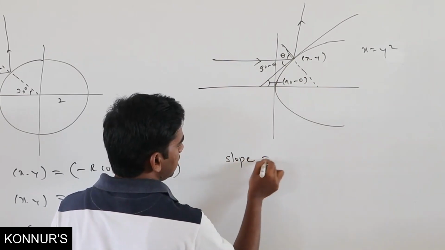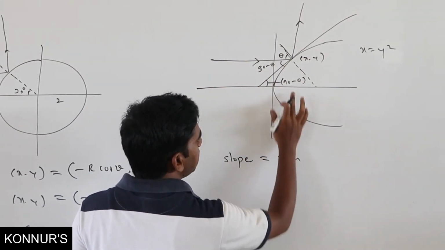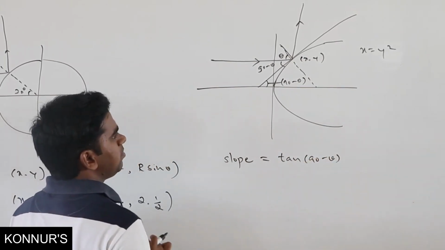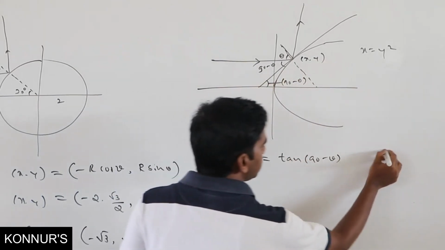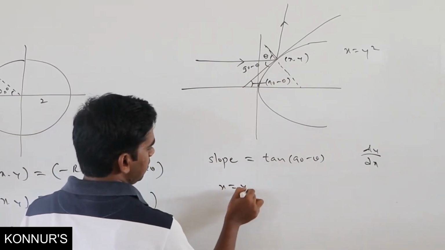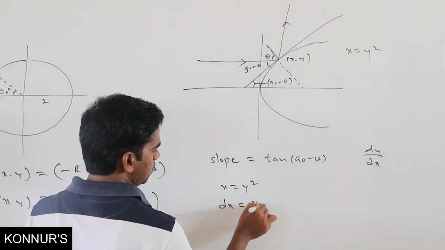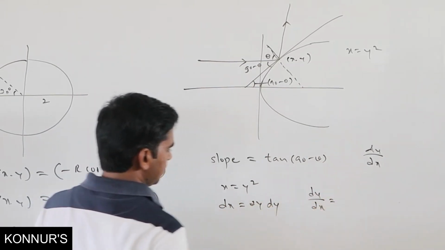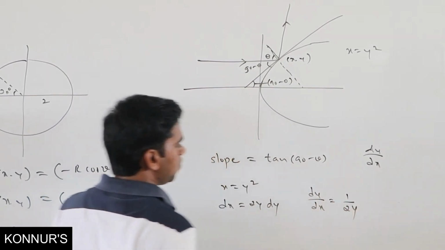Okay. If you know this angle made by the tangent with the x-axis, you can write slope equals tan of 90 minus theta. Similarly, slope is also equal to dy by dx. So differentiate this curve, x equals y square. This becomes dx equals 2y dy, so dy by dx equals 1 by 2y.